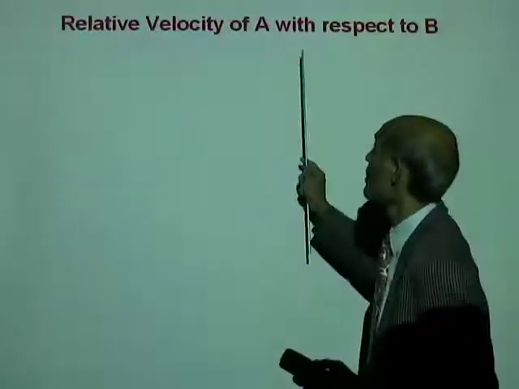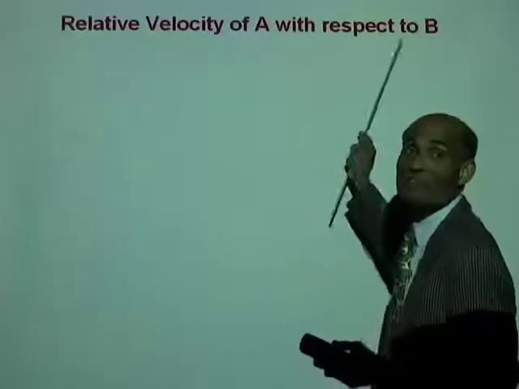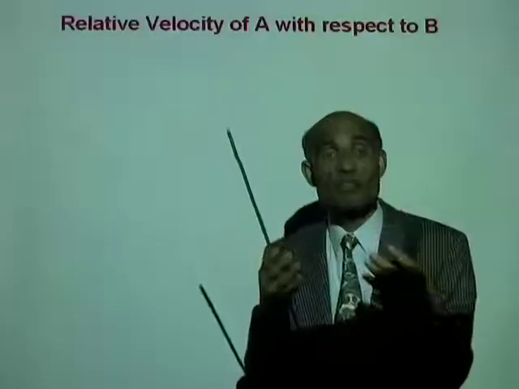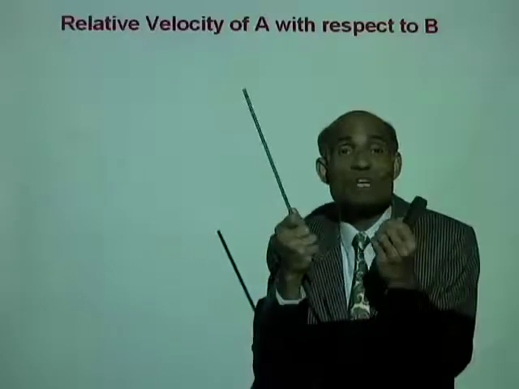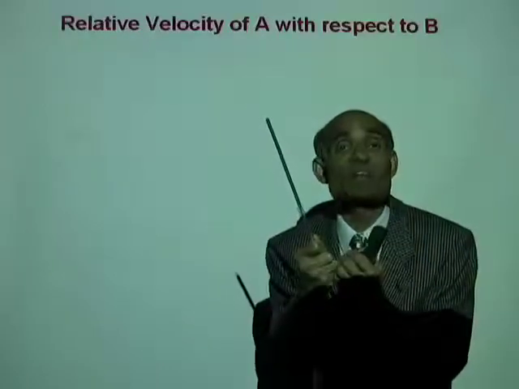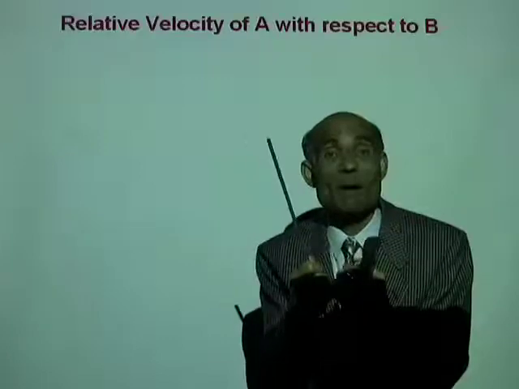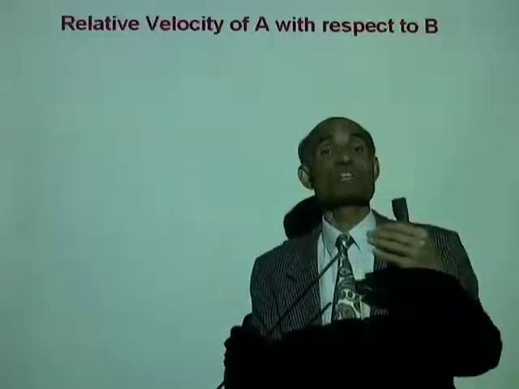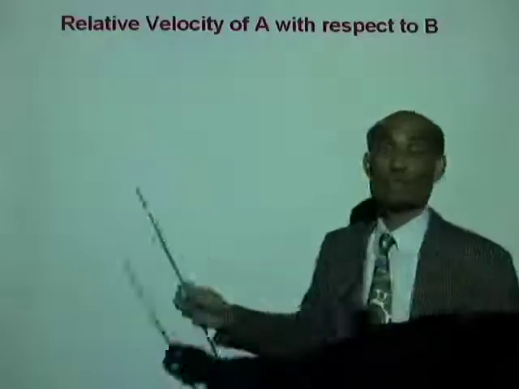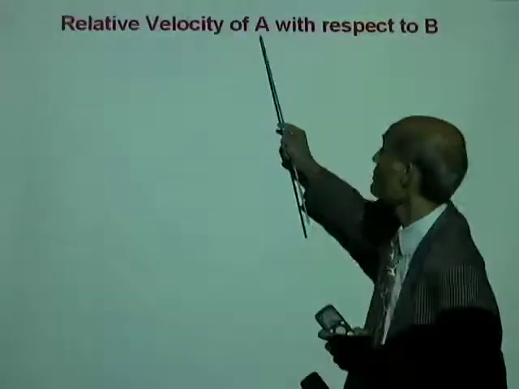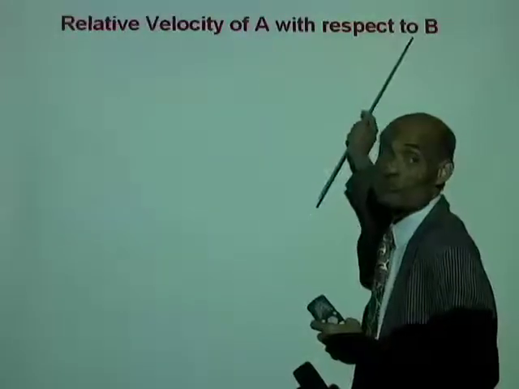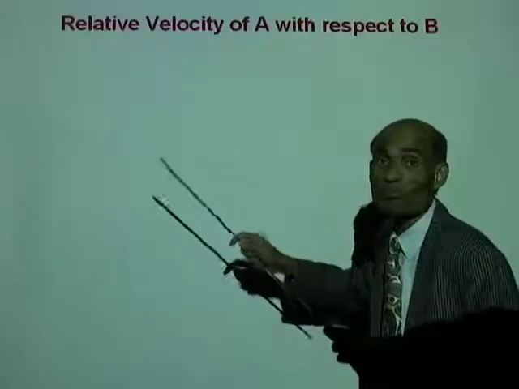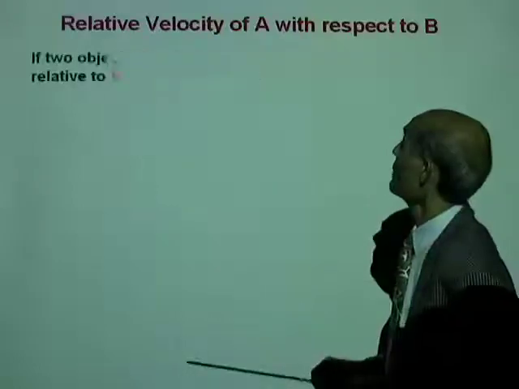Whichever frame of reference you are using, you need to bring that frame of reference to rest by applying an equal and opposite velocity to both objects. So if you want to measure the velocity of A with respect to B, you have to bring B to a stop. Alright, let's write that down.